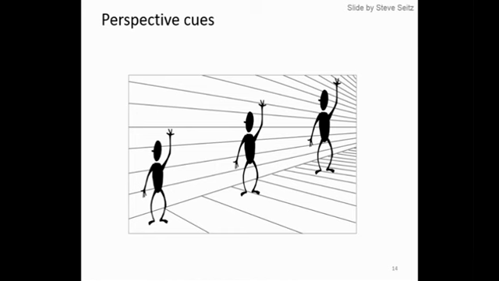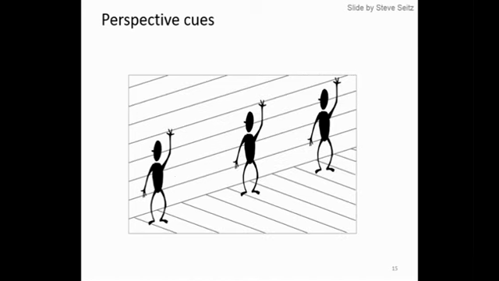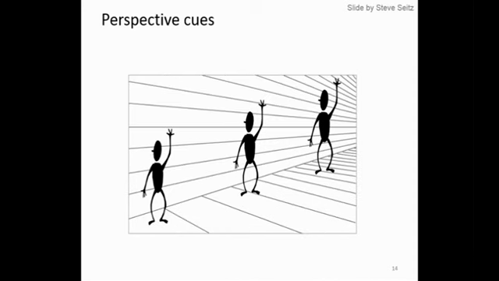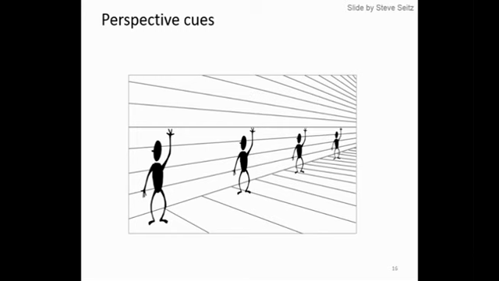And then if I change the lines, now they're all the same size. And then if I do this, now they're all the same size, but of course the guy in the back is getting smaller in the image plane.